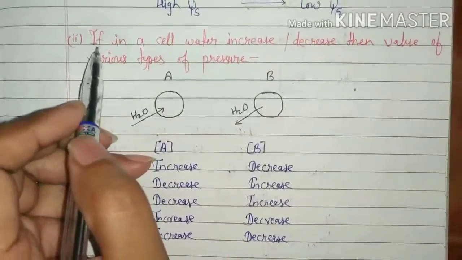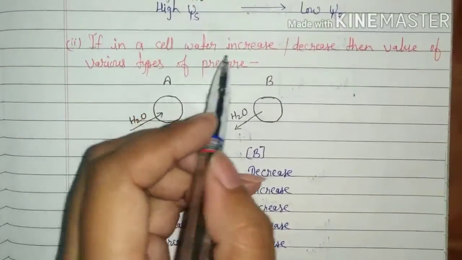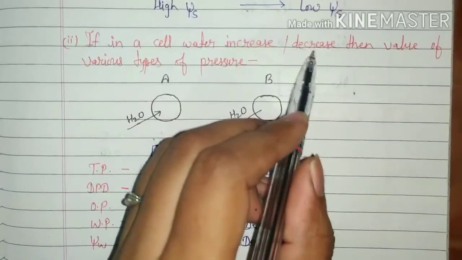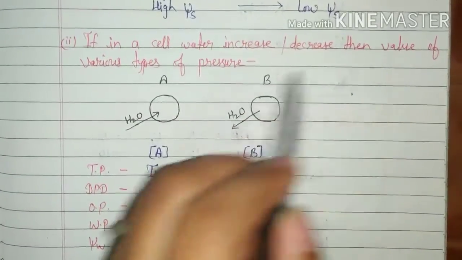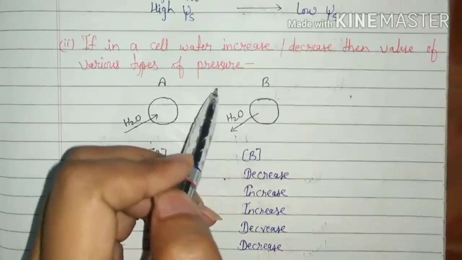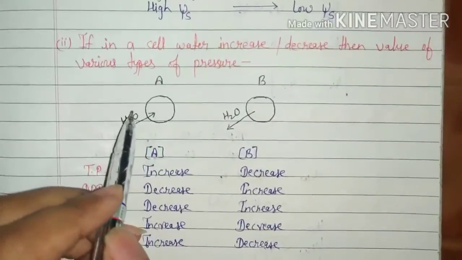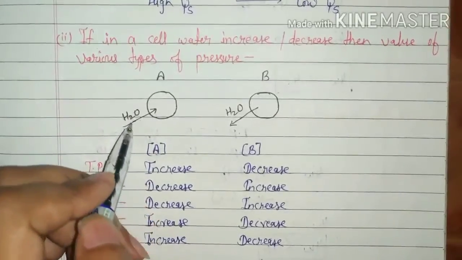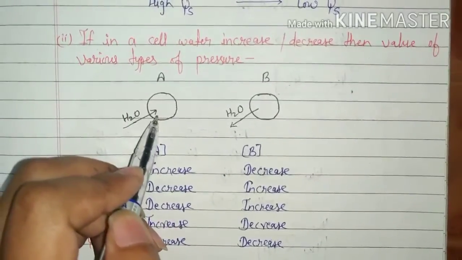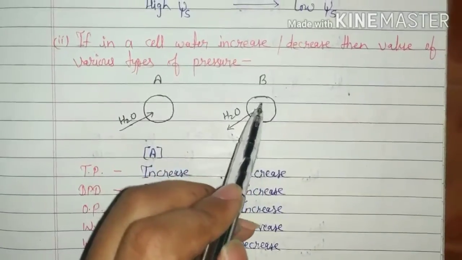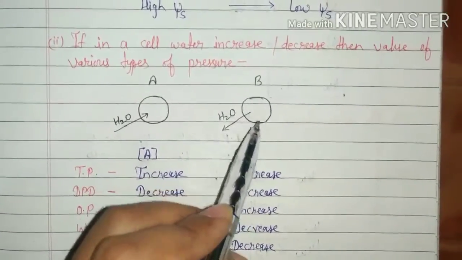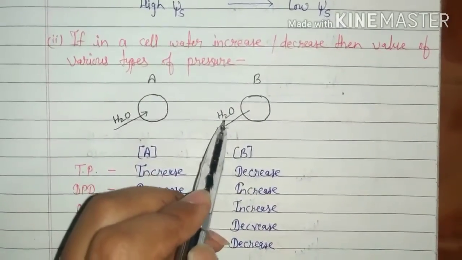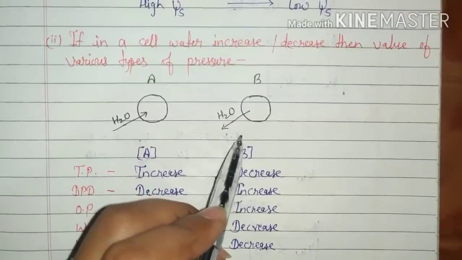Second case: if in a cell water increases or decreases, then the values of various types of pressure change. In cell A, water enters due to endosmosis, and in cell B, water goes outside due to exosmosis.